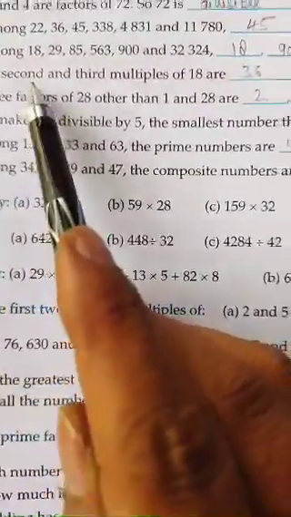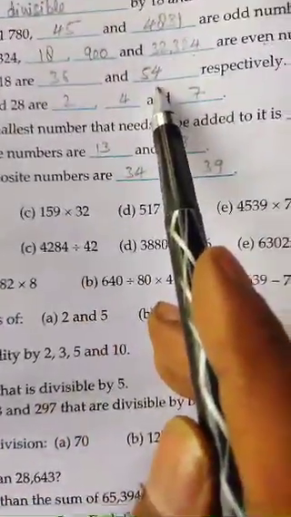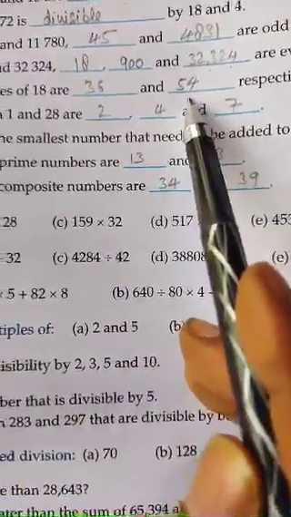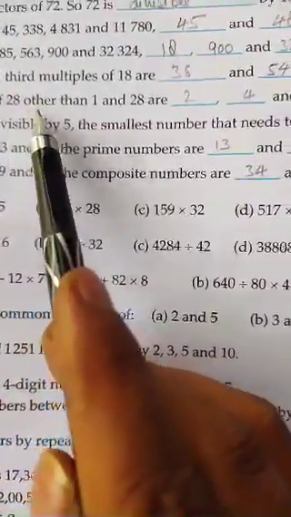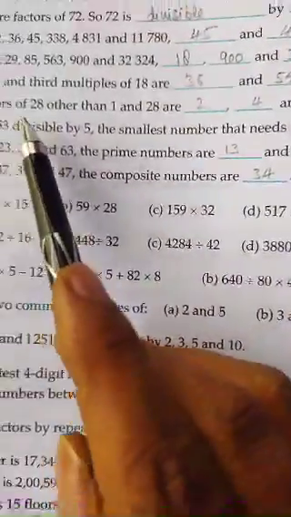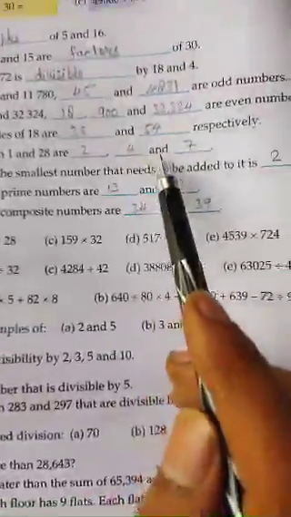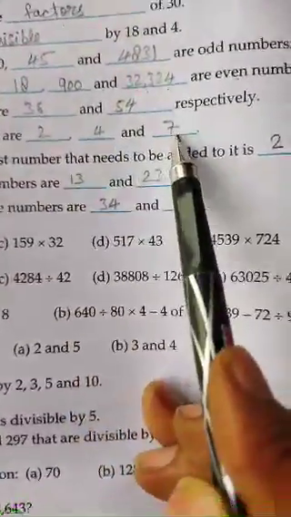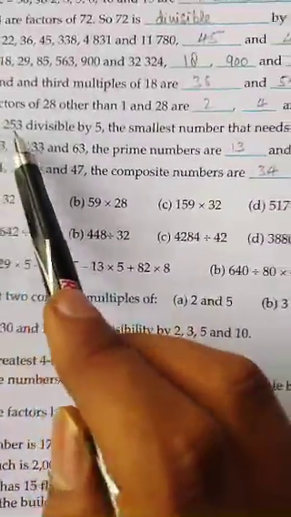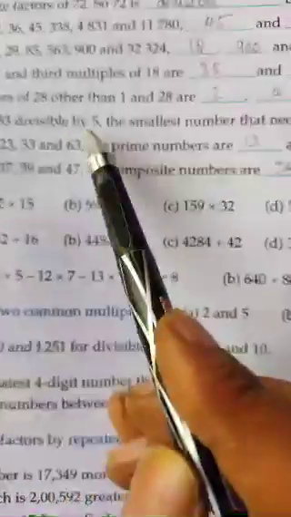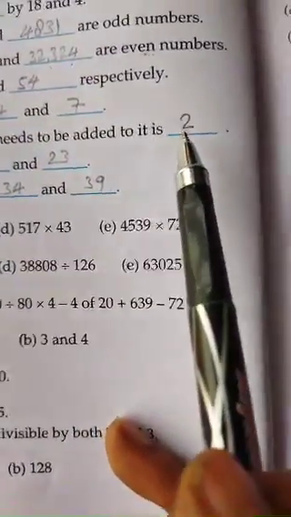Now F. The second and third multiples of 18 are dash and dash. So it is 36 and 54. Next. G. 3 factors of 22 other than 1 and 3 factors of 28 other than 1 and 28 are dash, dash and dash. So it is 2, 4 and 7. Now H. To make 253 divisible by 5, the smallest number that needs to be added to it is 2.